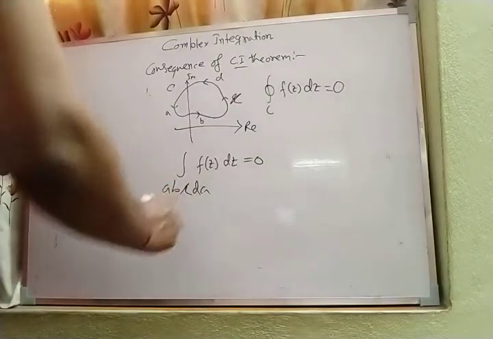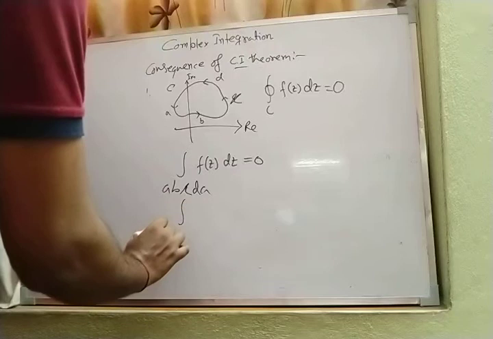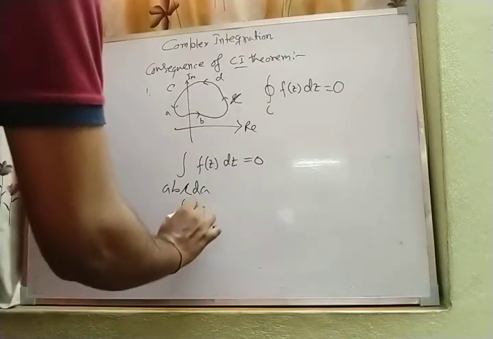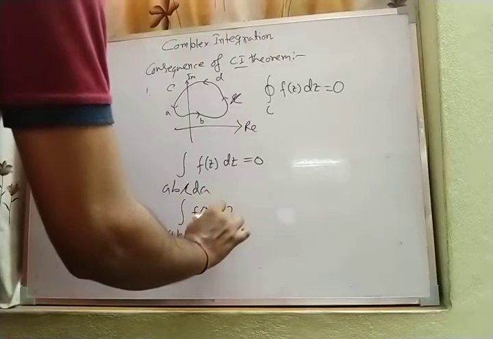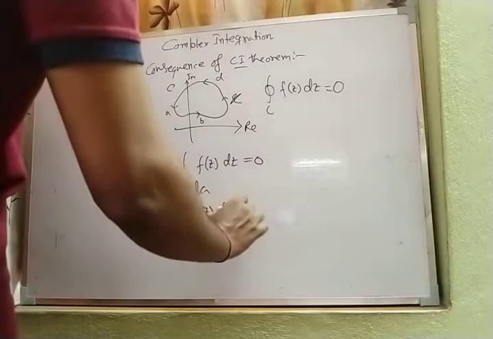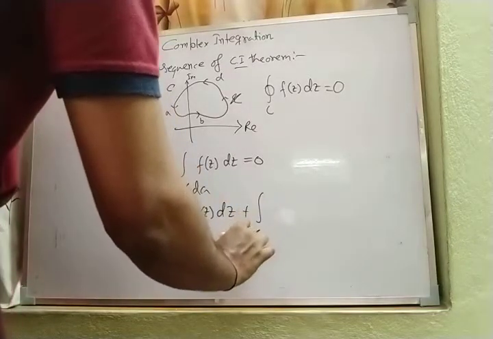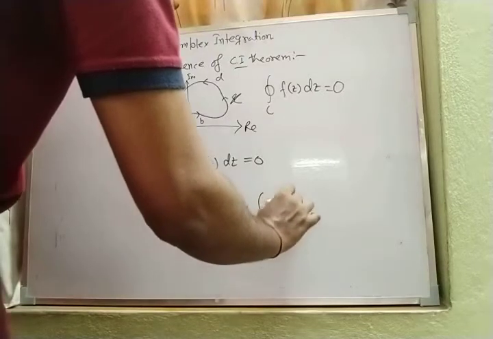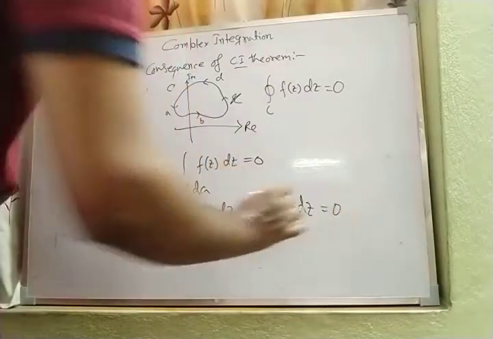Now this can be further written as integration over A B C of f of z dz plus integration over C D A of f of z dz equals 0, right?